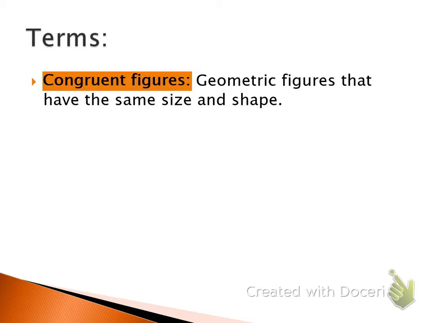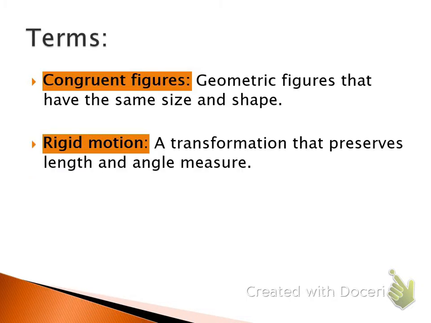Yes. So we're going to talk about triangles, and these triangles have been moved apart and possibly flipped or rotated, and we're going to decide if they're congruent or not. They're moved via what's called rigid motion. We can call it a motion that preserves length and angle measure.